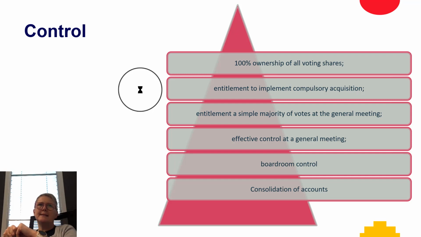If we're talking about listed companies, can somebody own 100% of the shares in a listed company? No. Technically, the short answer is no. Because of the way the regime works, you can get to 90% and a company still be listed.